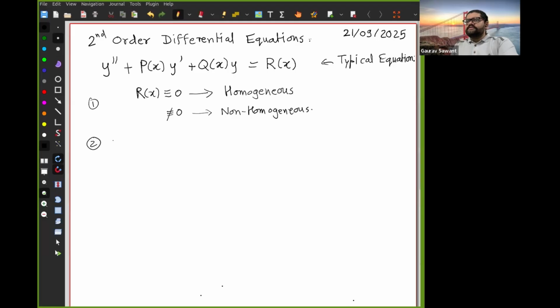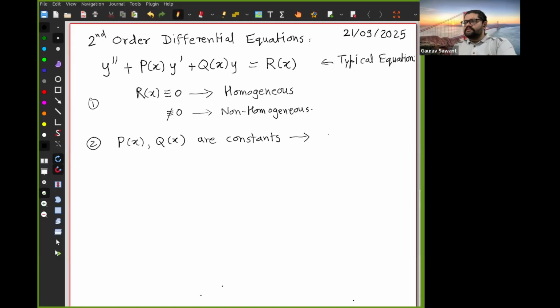Second thing is that if p(x), q(x) are constant, then we have seen in yesterday's session that these kinds of equations can be solved quite easily while being homogeneous.